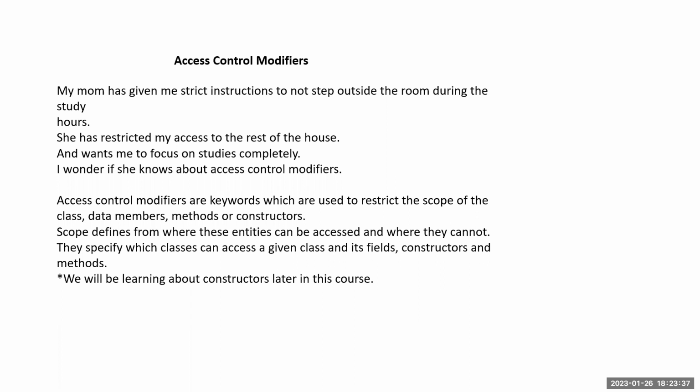This is very related to the topic we are going to discuss today, that is access control modifiers. Access control modifiers are keywords which are used to restrict the scope of the class, data members, methods, or constructors. In the same way that your mom or dad restricted you to a room, Java also has concepts that can restrict your program, your class, your method, or a variable.